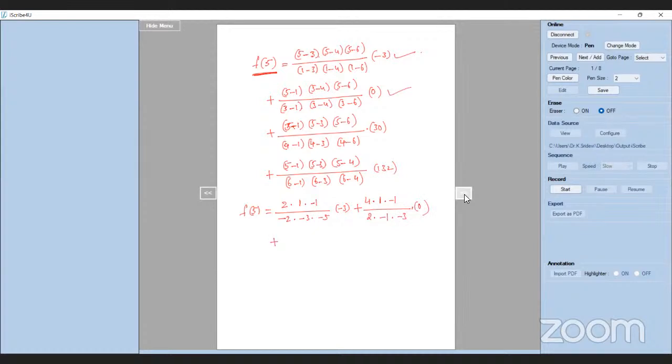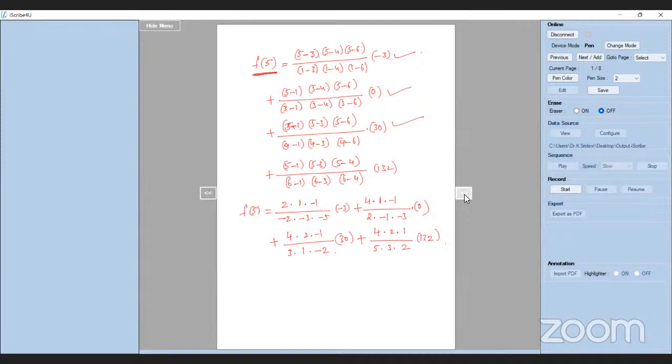Plus the third term: 4 into 2 into minus 1, divided by 3 into 1 into minus 2, into 30. Plus the last term: 4 into 2 into 1, divided by 5 into 3 into 2, into 132.